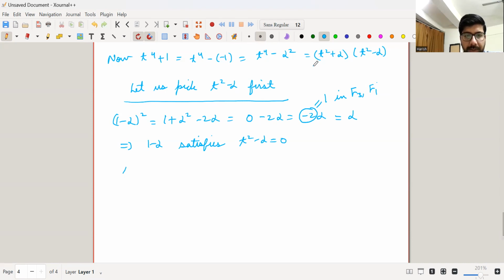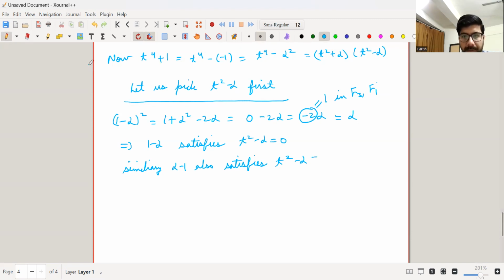And similarly, you can check that alpha minus 1 also satisfies t square minus alpha equal to 0.